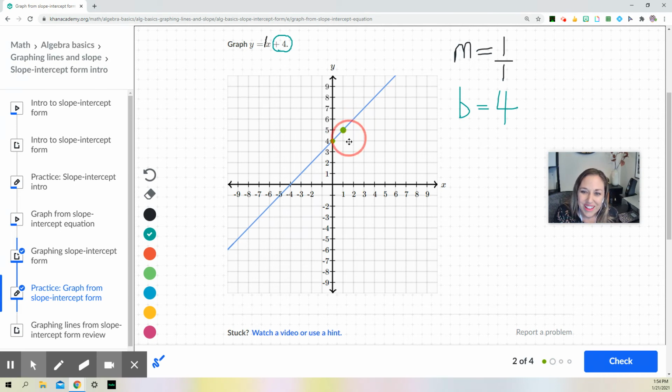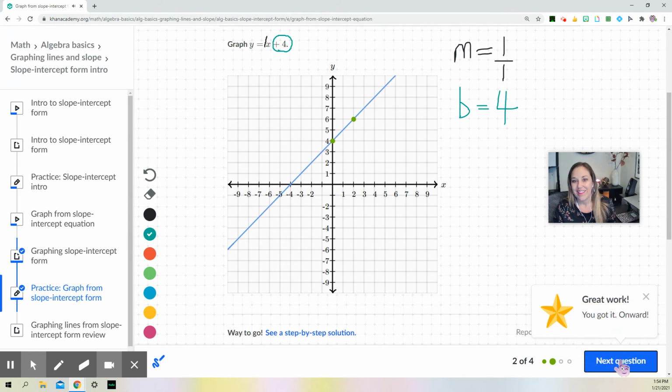Why can't I move that? That's interesting. Here we go. Okay, I could even put the dot right there, and it's still going to check because look at this slope. No matter what, up 2/2. 2 divided by 2 is 1. So no matter what, the slope of this line is 1, and the y-intercept is 4. So let's check it. Yes.